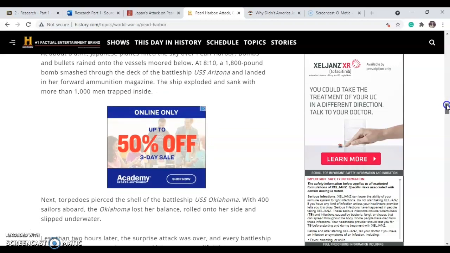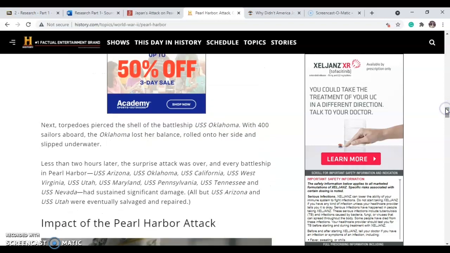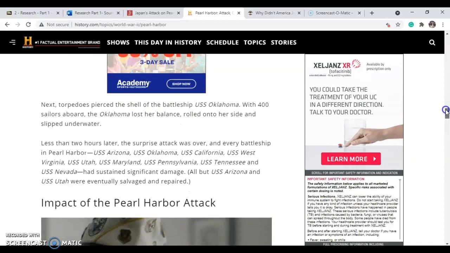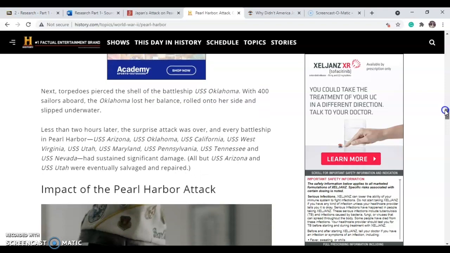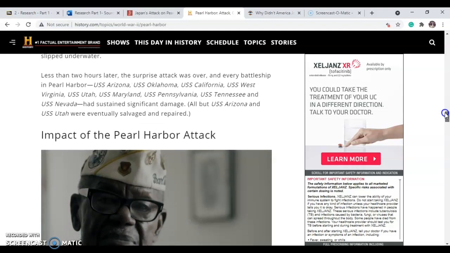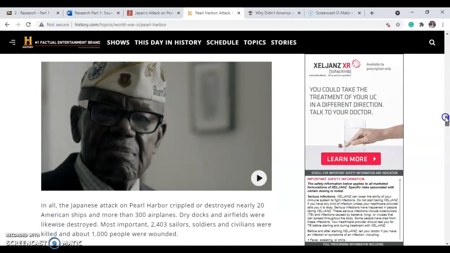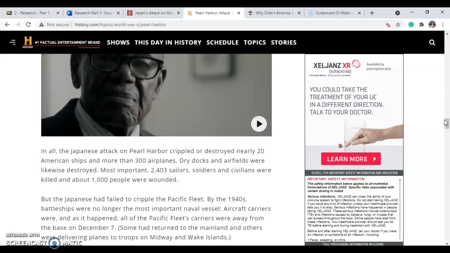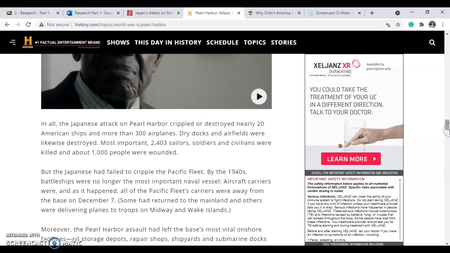history.com, and here we see the Japanese plan was simple, right? Destroy the Pacific Fleet. That way the Americans could not fight back with their ships, right? That way they could not control Japan with their ships. After months of planning and practice, they finally launched their attack, and at 8:10 a.m., that first attack already killed over 1,000 men.